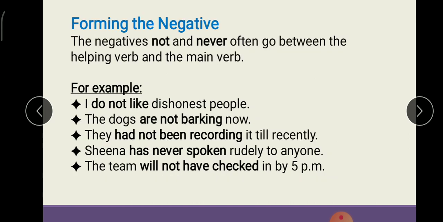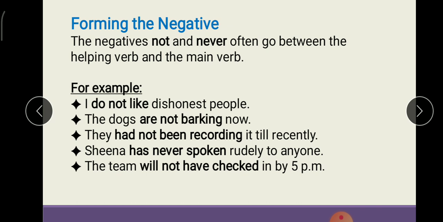Forming the negatives. Negatives can be formed by using the words not and never. They often go between the helping verbs and the main verbs. For example, I do not like dishonest people. The dogs are not barking now. They had not been recording it till recently.